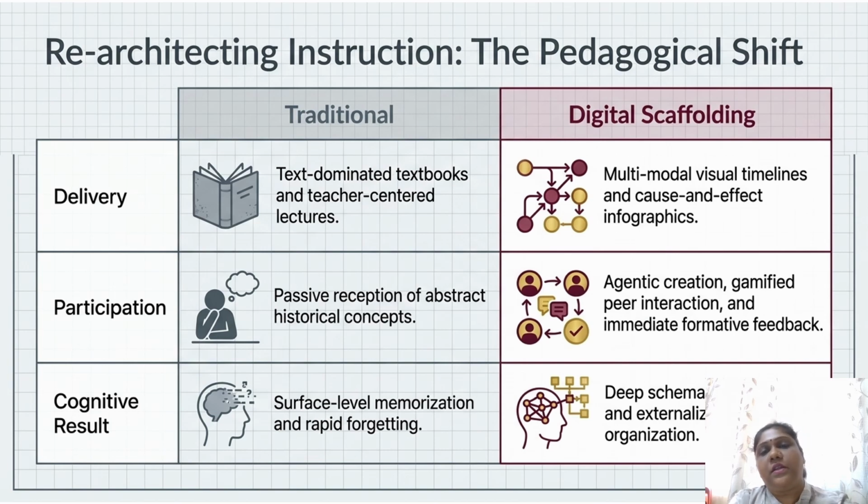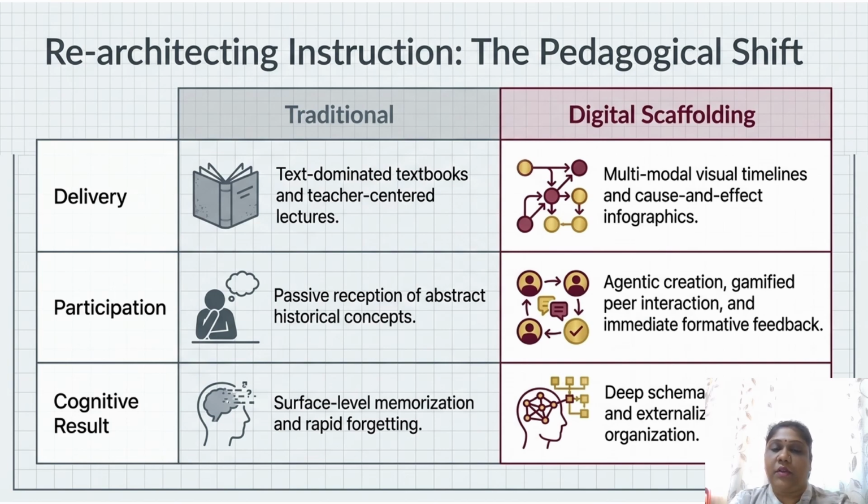When we compare with digital scaffolding, it makes it easier through gamified peer interaction, then immediate formative feedback after they play with Baamboozle, so teachers can easily get a reflection on the topic. The third one is cognitive result: surface level memorization and rapid forgetting. This is normal in the traditional way when they study history topics.